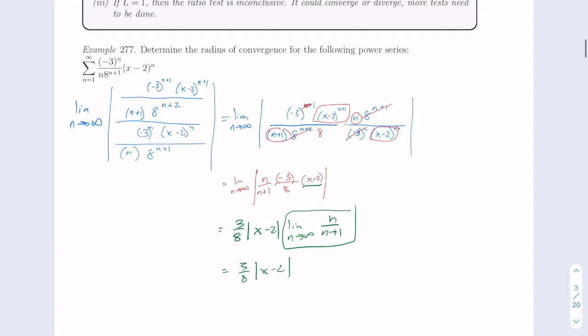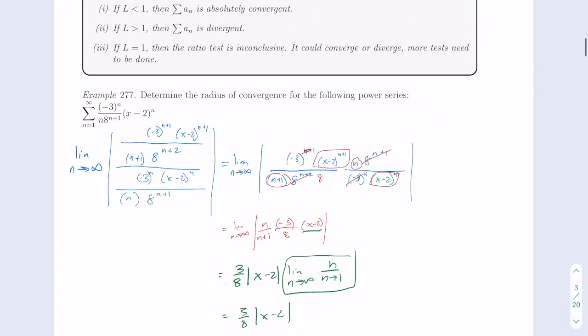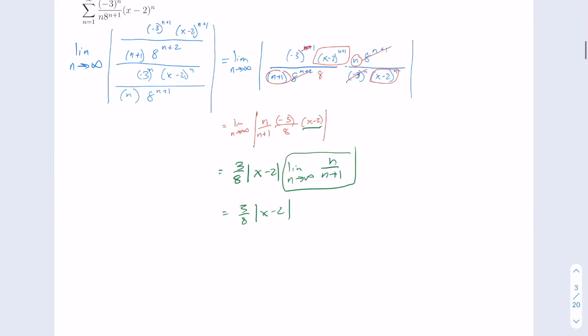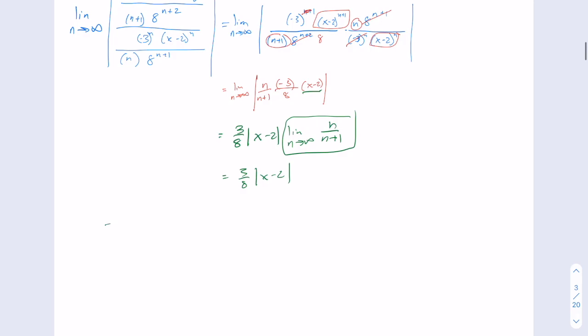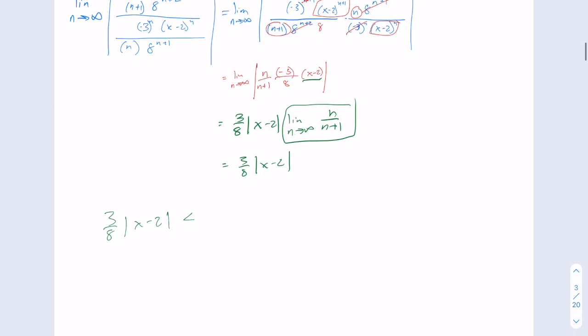Now the ratio test says that this will converge absolutely whenever that limit is less than 1. So what do I need to do? I just need to take 3/8 absolute value of x minus 2 and set it to less than 1, not L, 1. So then absolute value of x minus 2 is less than 8/3. And I essentially have my radius at this point right here.